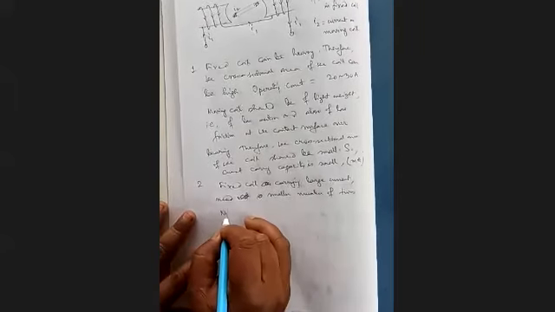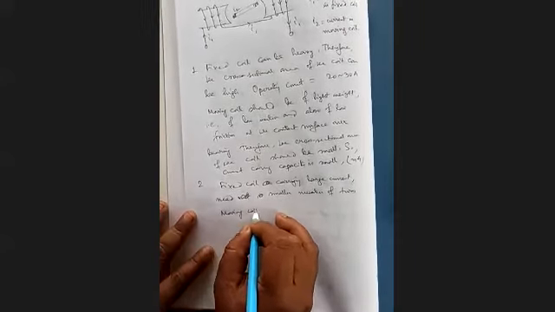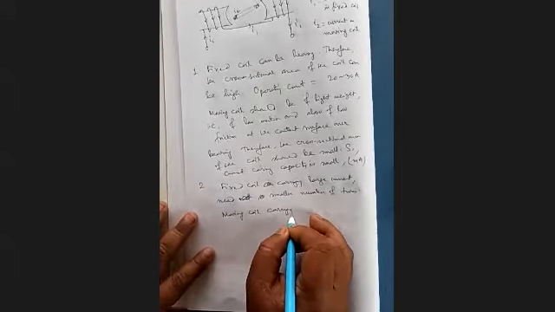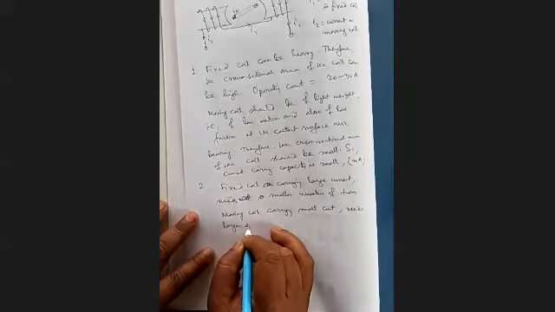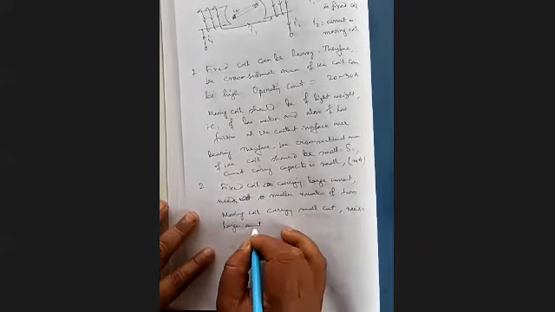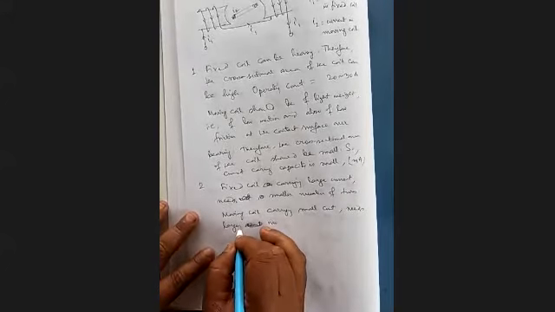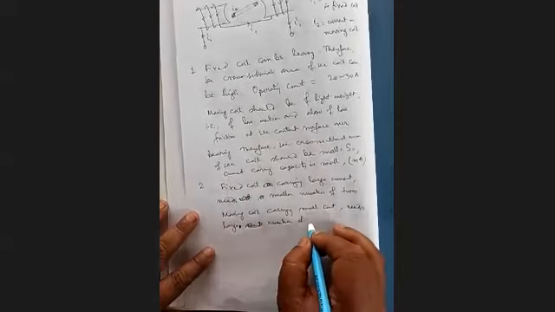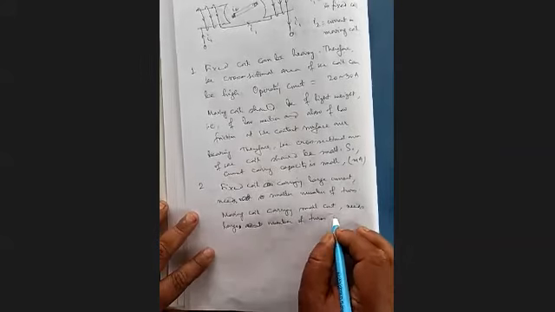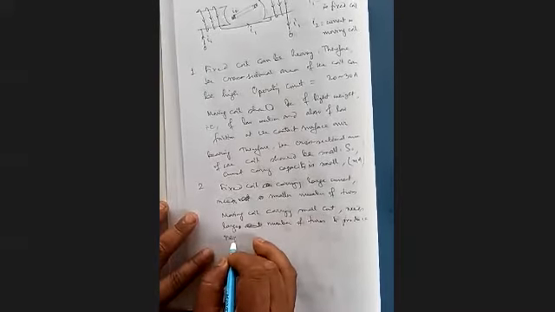And moving coil carrying small current needs a large number of turns to produce the required MMF.